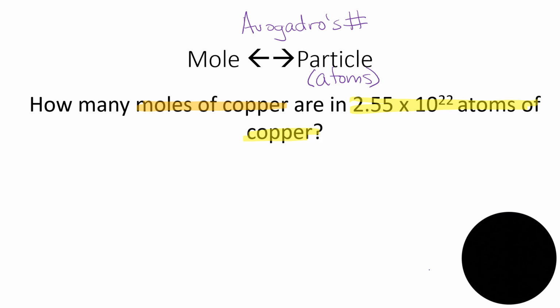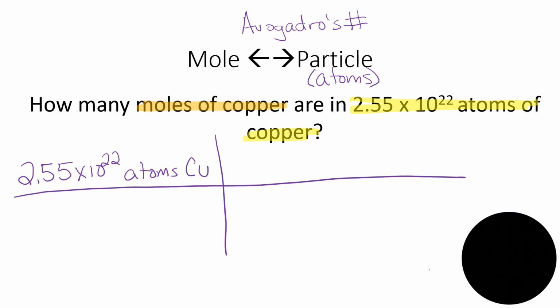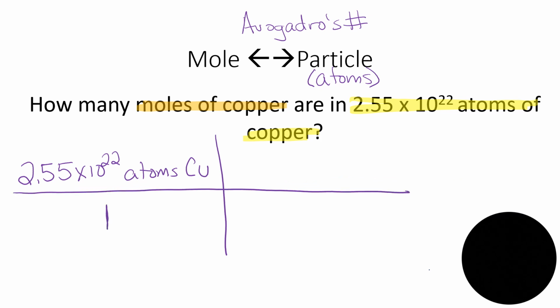Now, just like we did with the metric conversions and the density problems in Chapter 2, you're always going to start with the number and units given when you start the problem, the top of your railroad track. So 2.55 times 10 to the 22nd atoms of copper, and you're going to put a 1 underneath that for a placeholder.